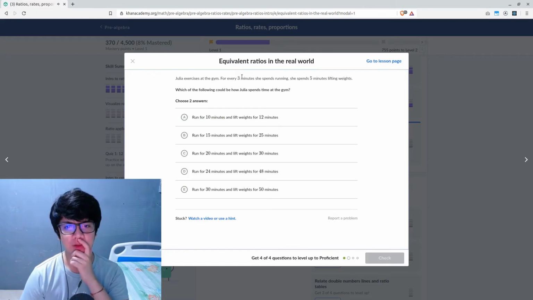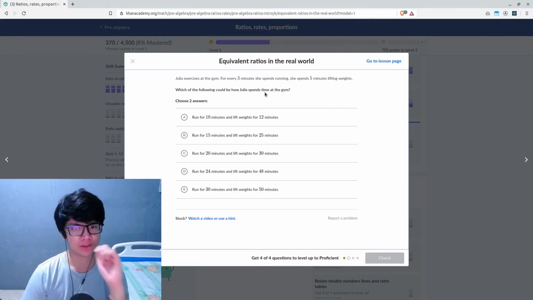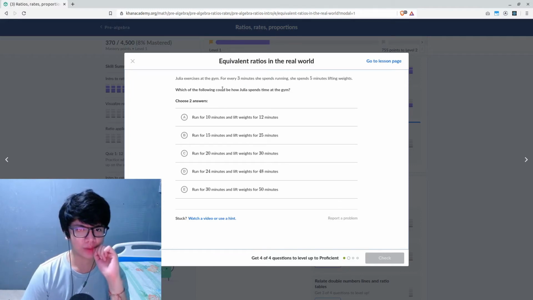Julia exercises at the gym. For every 10 minutes she spends running, she spends 5 minutes lifting weights. Oh, okay. For every 10, should be bigger.